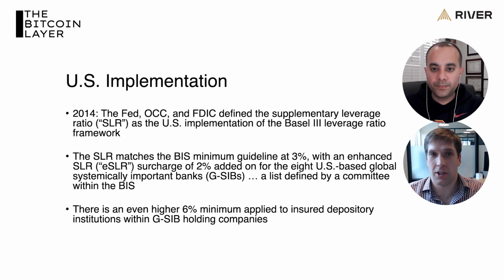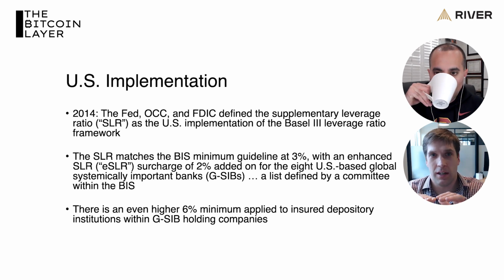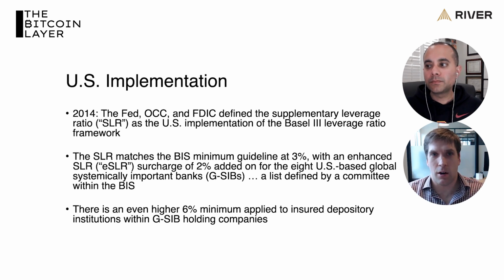So the SLR is just the individual term that we've attached to our candidate, if you will, to the central hub, the BIS. So when you hear SLR, that's the US's Basel III leverage ratio implementation. The general, minimum guideline of 3% is industry wide. That's your minimum. So it applies across all banks.